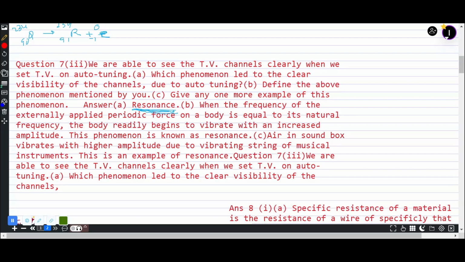Now if the receiver circuit in your TV has a similar frequency as the frequency being transmitted, then resonance occurs, and that resonance leads to absorption of more energy, more signal, more waves, and that's how you get better clarity. So when a TV set is left on auto tuning, because of resonance you get more clarity. At your level this should be good.